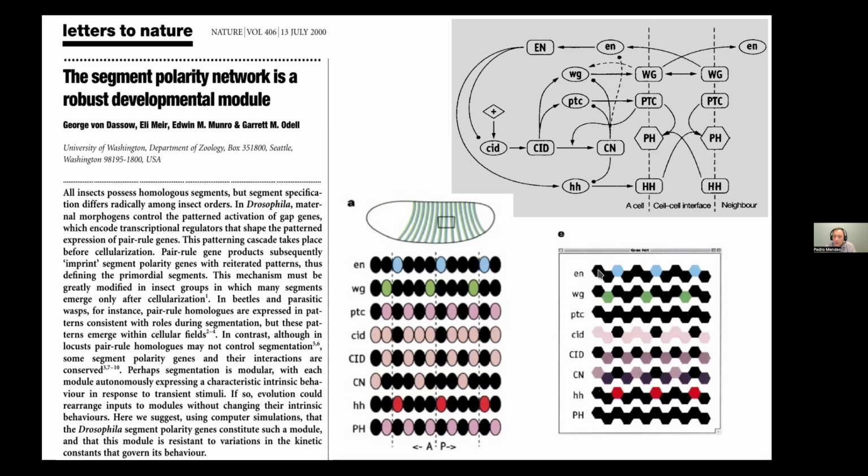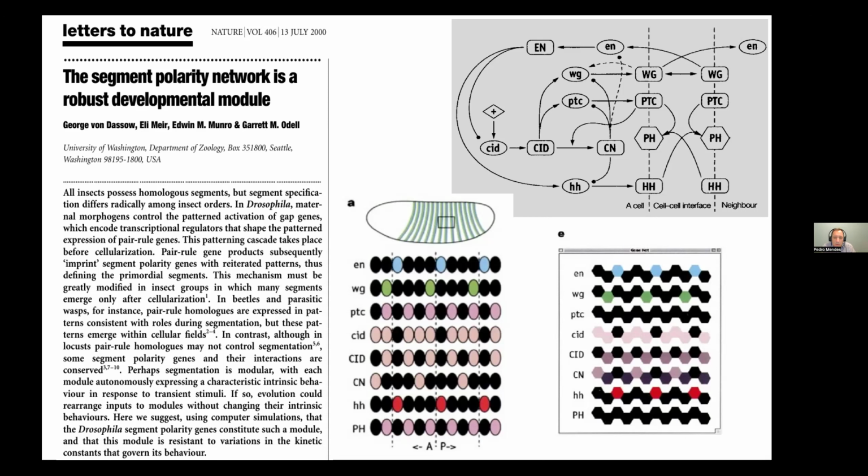In their model, cells are represented as hexagons, side by side. And to avoid spatial edge effects, they formed the whole thing into a toroidal structure. I'll talk a little bit more about the toroidal structure. Anyway, this model is very famous and has many papers citing it.